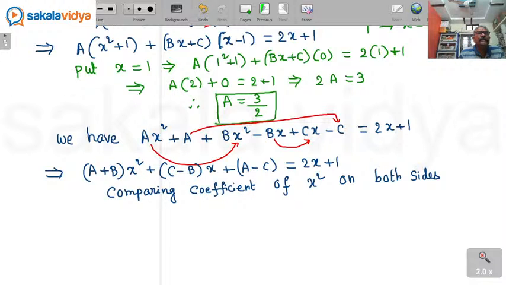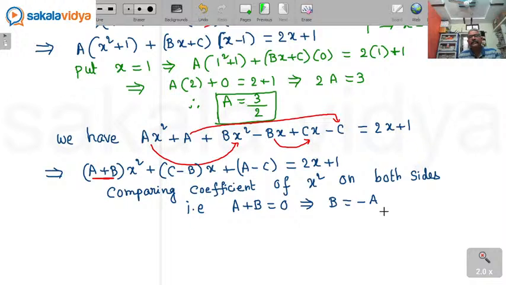The x square coefficient is a plus b. Here the x square coefficient is absent, absent means 0. So we need to write a plus b equals to 0. Since a plus b is equal to 0, we get b equals to negative a.